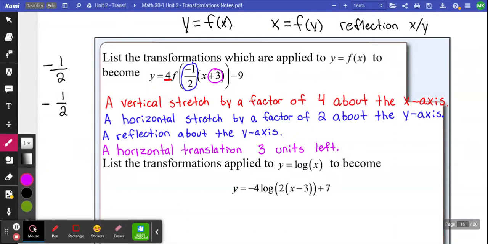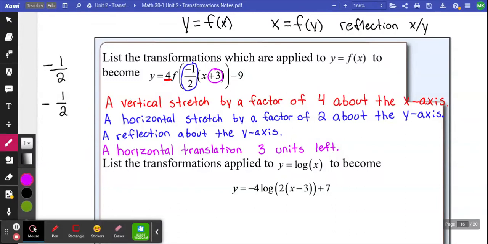It means multiplied by. Because you could stretch and get closer to the y-axis if you stretch by a decimal. Could you say left 3 units instead? Horizontal translation, left 3 units. Yeah, I'd mark it. That's right. You've indicated how far and which direction. That's the key, right? So that's important.